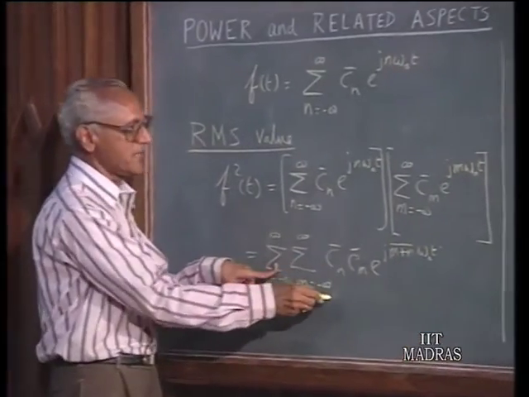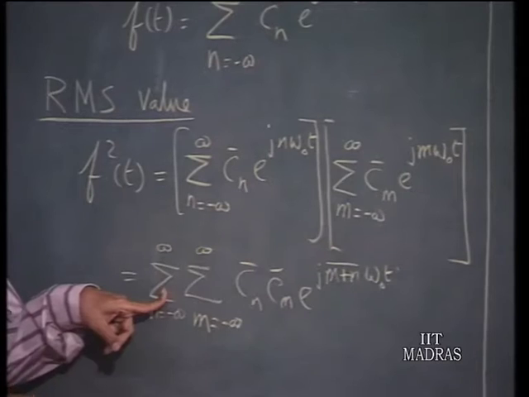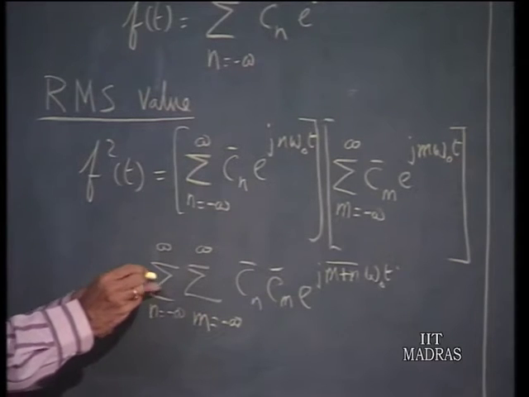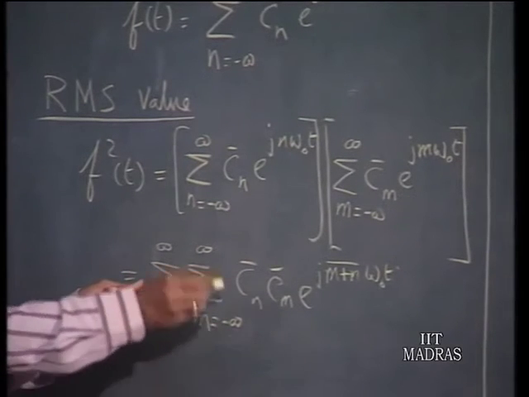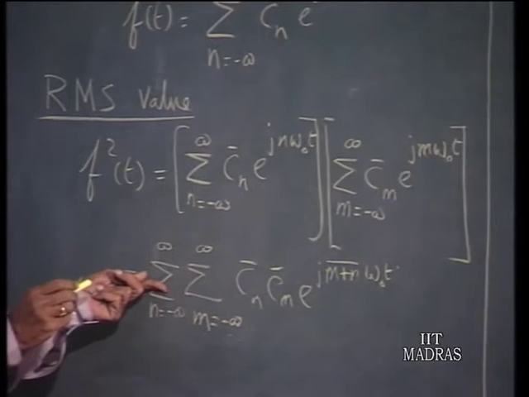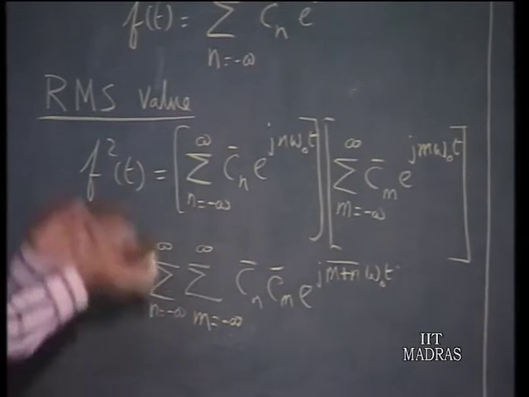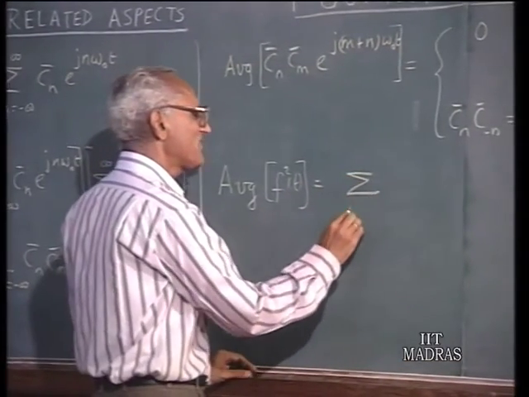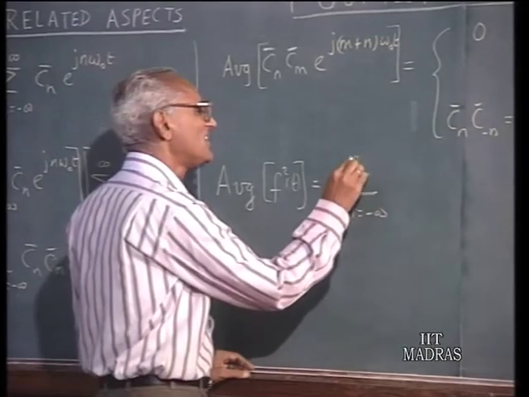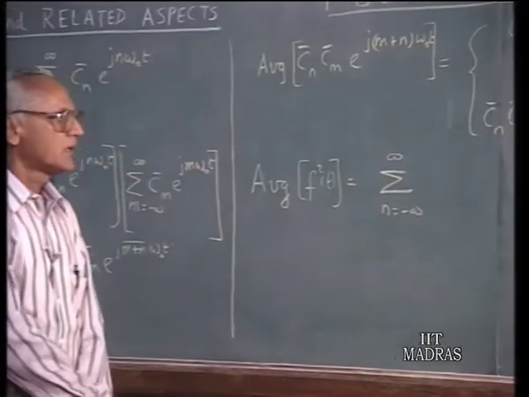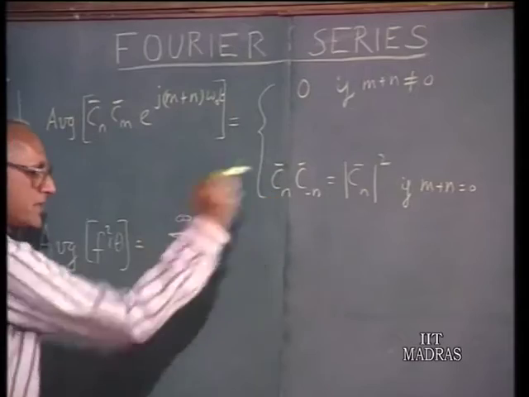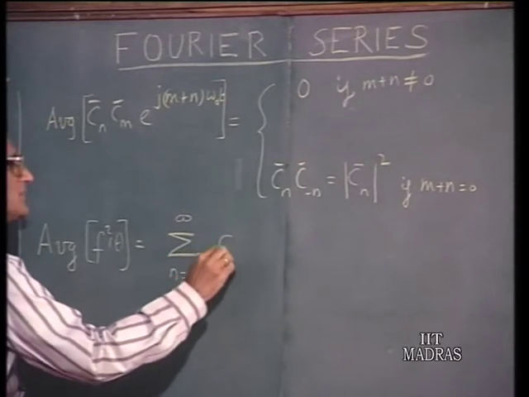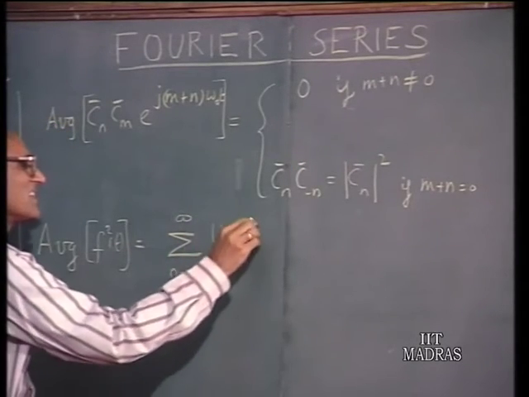When m takes the value minus n, then you have a non-zero average. For all other values of m, the contribution is 0. So for a particular value of n, m equals minus n is the only term which gives a non-zero contribution. And that we do for all values of n. So the result is a sum over n from minus infinity to plus infinity. For each value of n, the contribution can come only when m equals minus n, and on that condition the contribution is Cn squared. Therefore, this will be the magnitude of Cn squared.